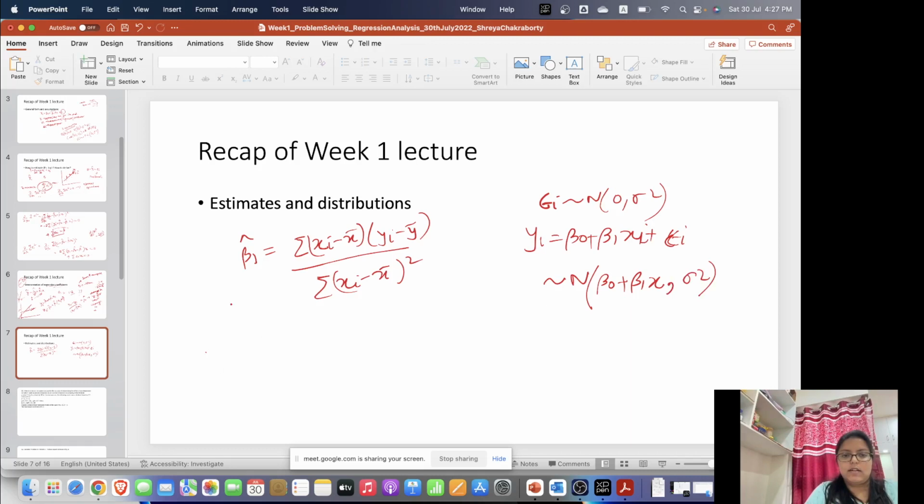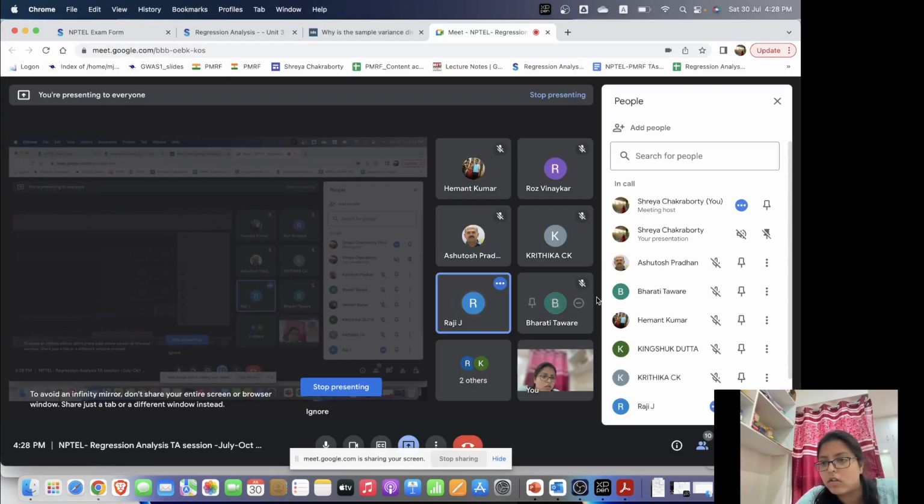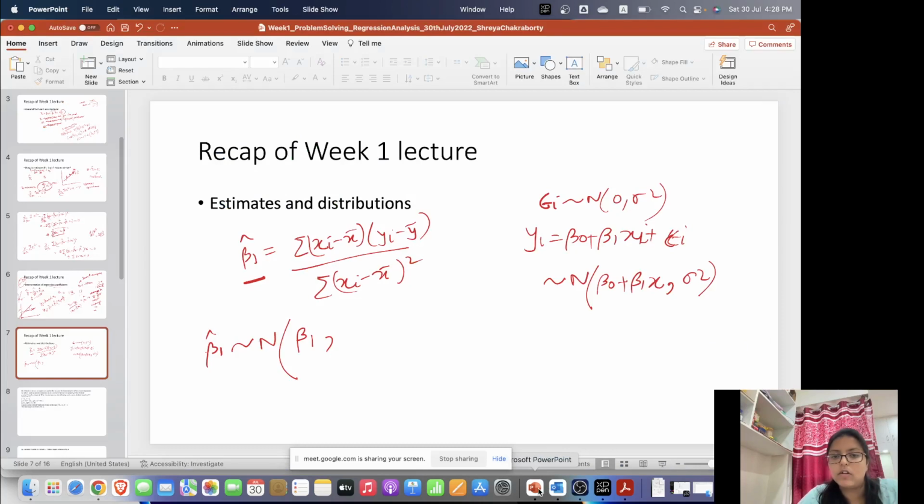And then since beta 1 hat is a linear combination of yi's, it also follows a normal distribution with the expectation beta 1. And please mute your speaker if anybody is on. Thank you. So beta 1 hat follows normal beta 1, and the variance is sigma square by, anybody?